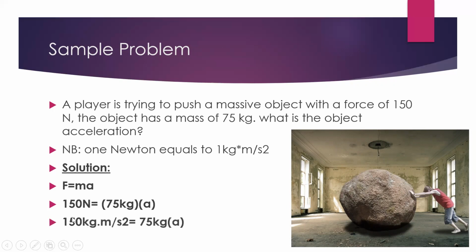So 150 kilogram meter per second square, which is the 1 Newton equivalent, will equal 75 kilogram multiplied by A. So A will be 150 divided by 75. So the result will be 2 meters per second square.